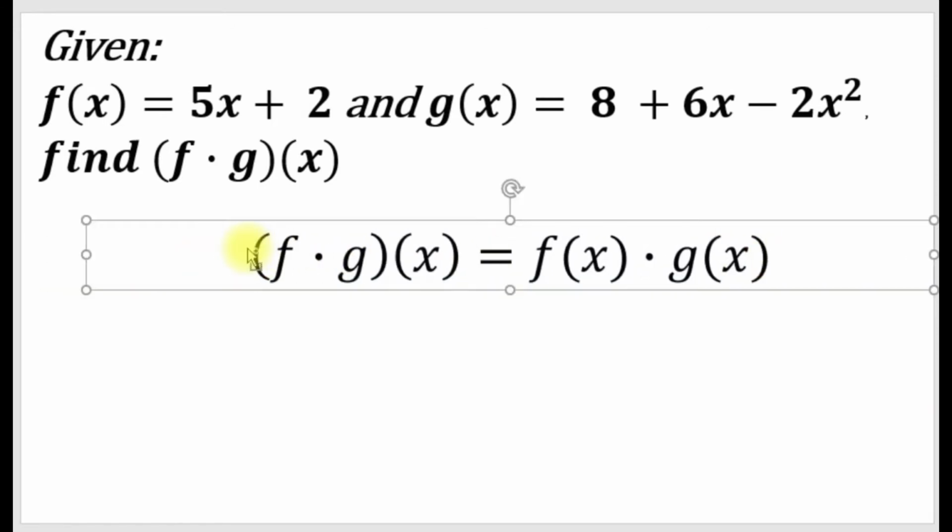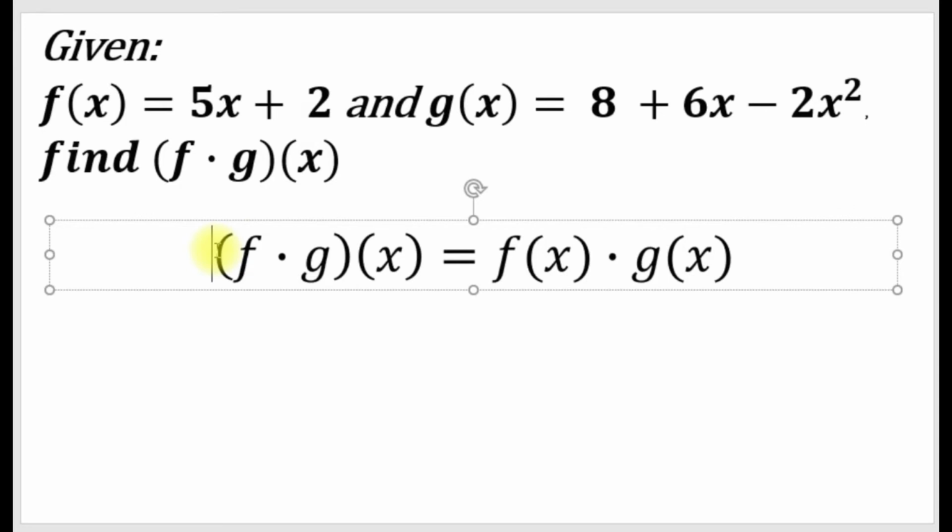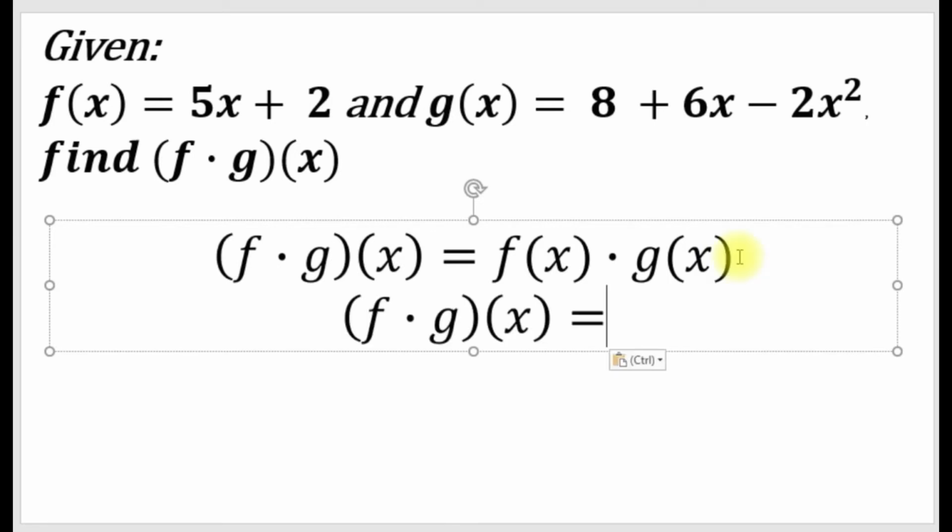And then after that, just like in our previous example, we're going to substitute the values of f of x and g of x.